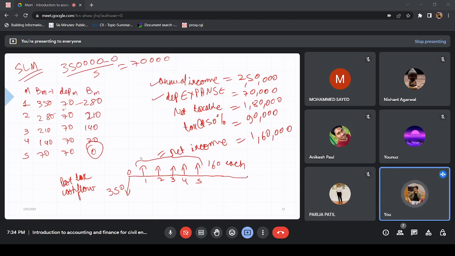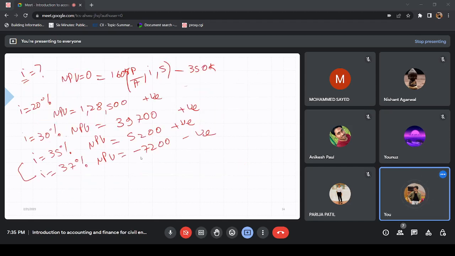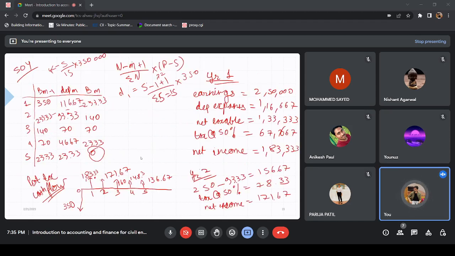So you saw that when you have more depreciation, you get the benefit that your taxes are also saved, and similarly your net income increases. But if you go on calculating for each year, you will find that the total value remains the same.